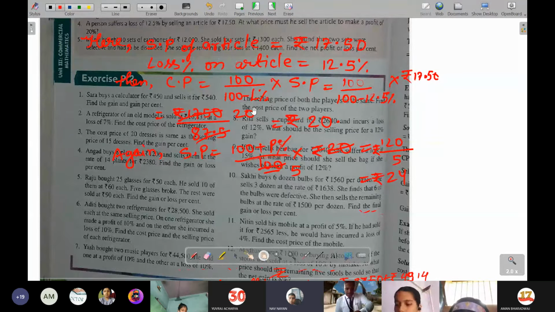And again it is telling to find the cost price and selling price both, sir. But here cost price is given, sir. Cost price of each refrigerator is to be found. Cost price of both has been given, no? And it has not been said that both cost prices are equal.